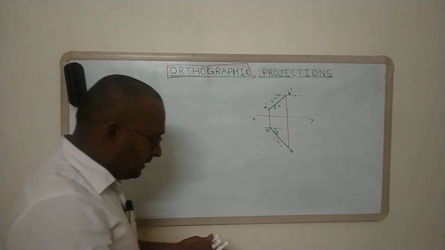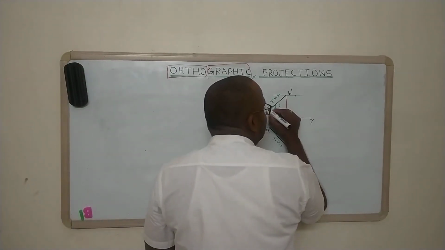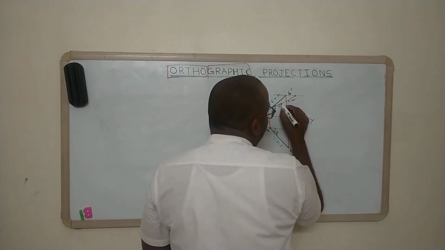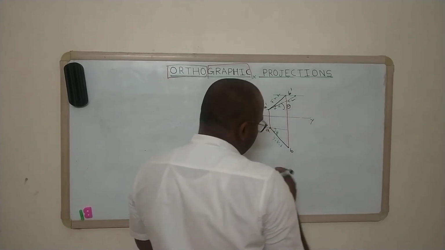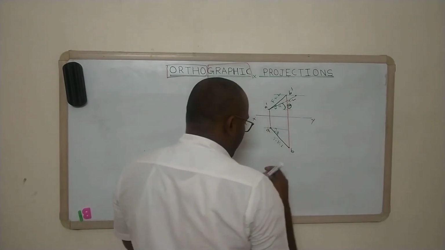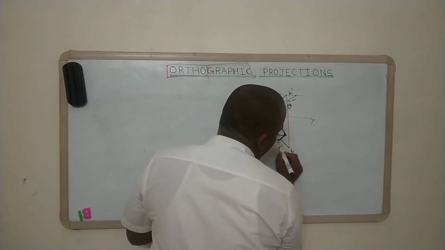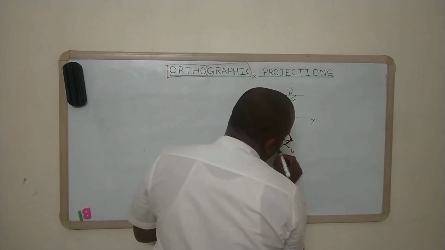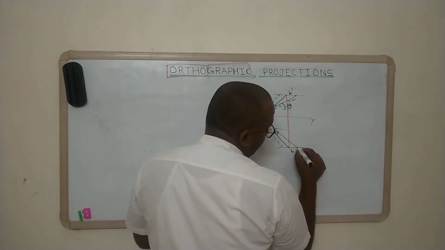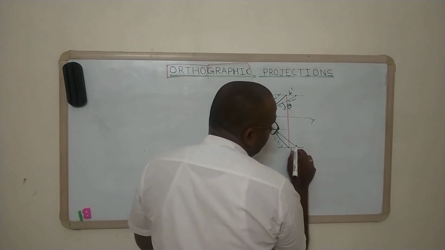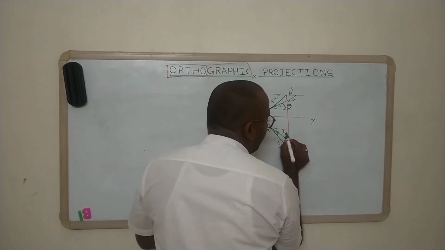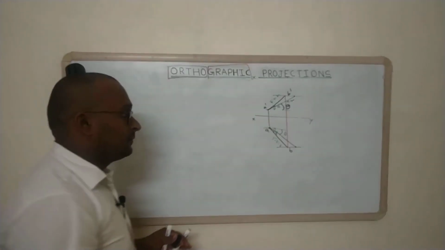So here in this case, this is the true length of the line, which is making an angle of theta degrees, and then here also we will have one more true length, this one consisting of phi angle, right?